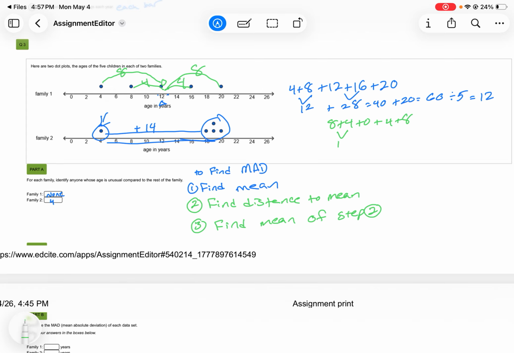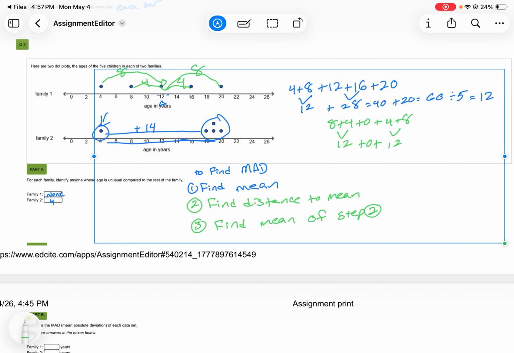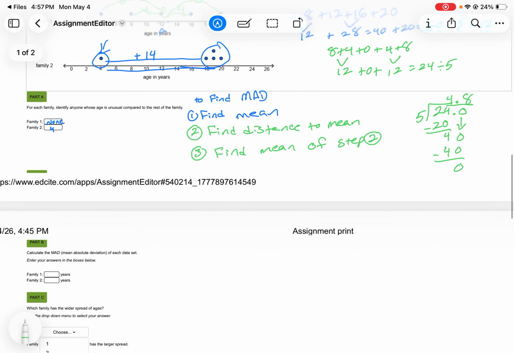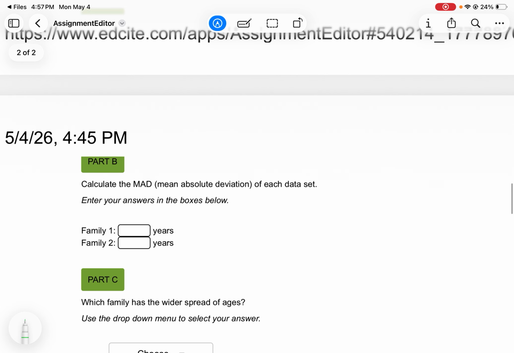Well, 12, 12. 12 plus 0 plus 12 is 24 divided by 5. Well, 24 divided by 5. 5 goes into 20 4 times. 4 left over, so we put a decimal. Bring down the 0. 5 goes into 40 8 times. And so the MAD for family 1 is 4.8.